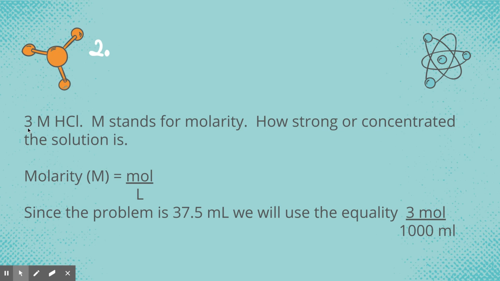Again, it's read 3 molar hydrochloric acid. What does that mean? That means how strong or weak your solution is. So the larger your number is, the stronger your substance is, or basically how concentrated your solution is.